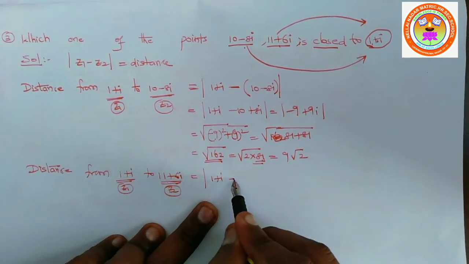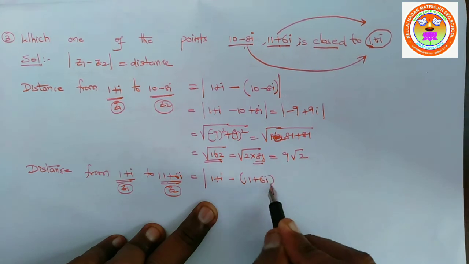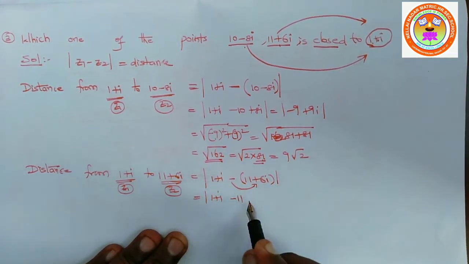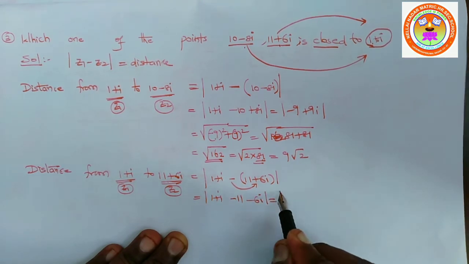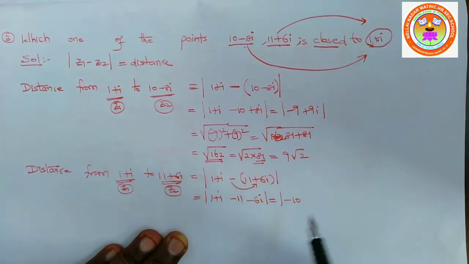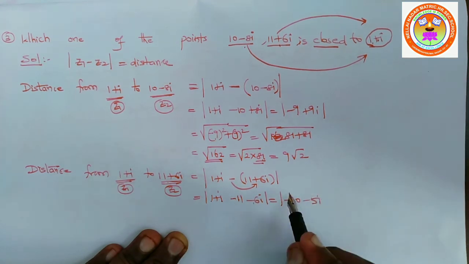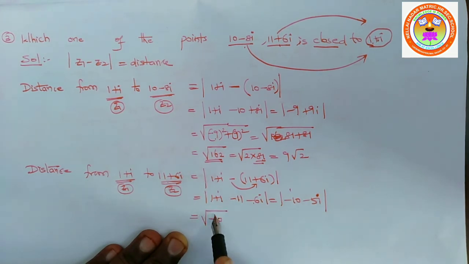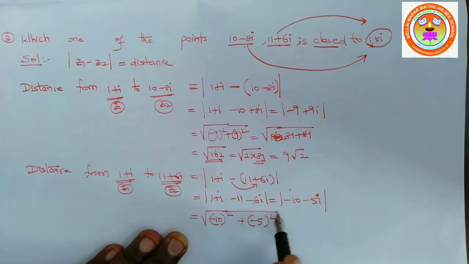The modulus of 1 plus i minus, open the bracket, 11 plus 6i, close the bracket. 1 plus i minus 11 minus 6i is equal to 1 minus 11, which is minus 10, and i minus 6i, which is minus 5i. Close the modulus. So take the square root of minus 10 the whole square plus minus 5 the whole square. This is 100, this is 25, nothing but 125.